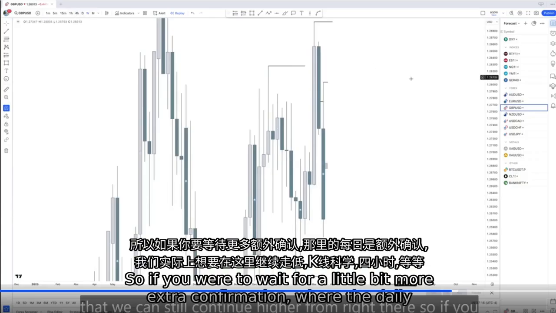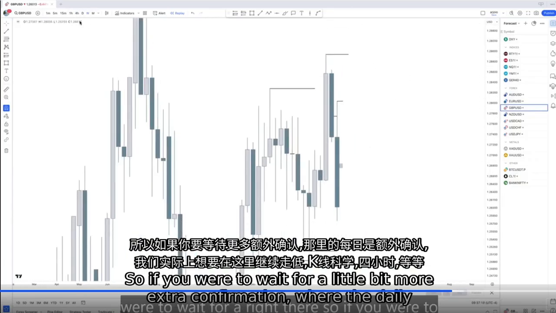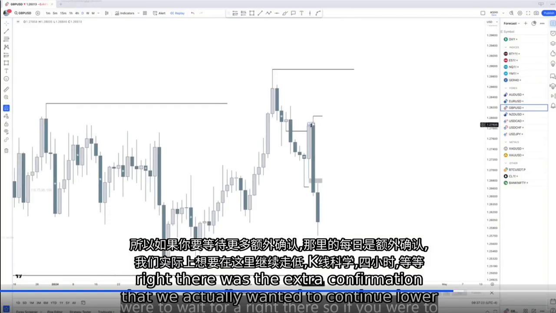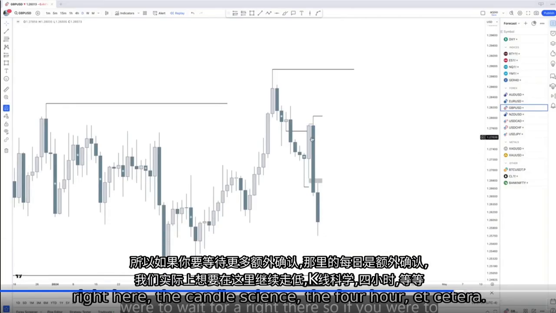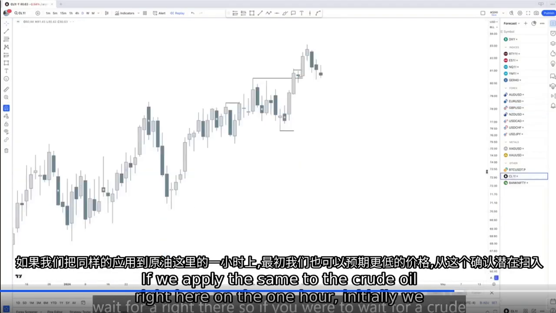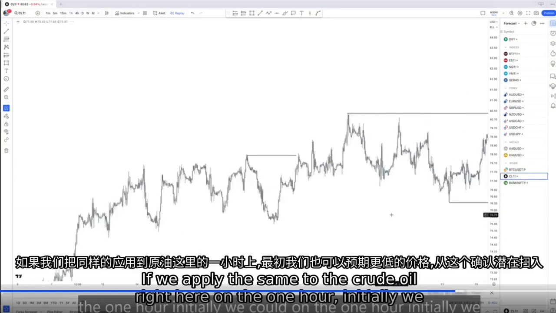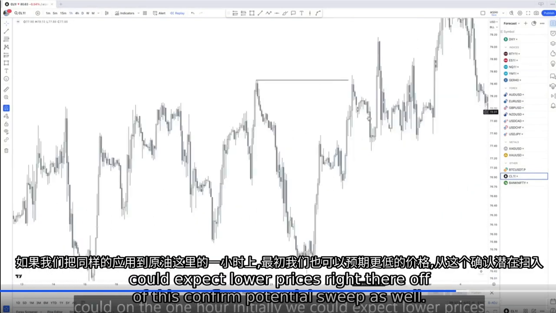So if you were to wait for a little bit more extra confirmation, where the daily right there was the extra confirmation that we actually wanted to continue lower right here, the candle signs, the 4 hour, etc. If we applied the same to the crude oil right here on the 1 hour, initially we could expect lower prices right there off of this intermediate high confirm, potential sweep as well.